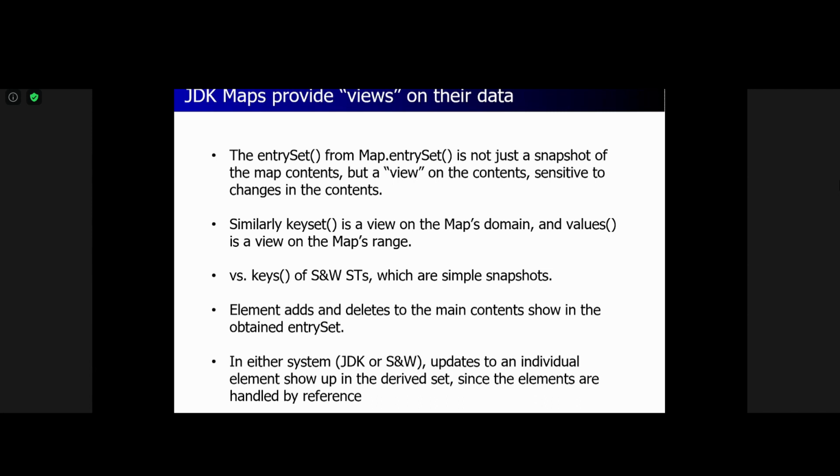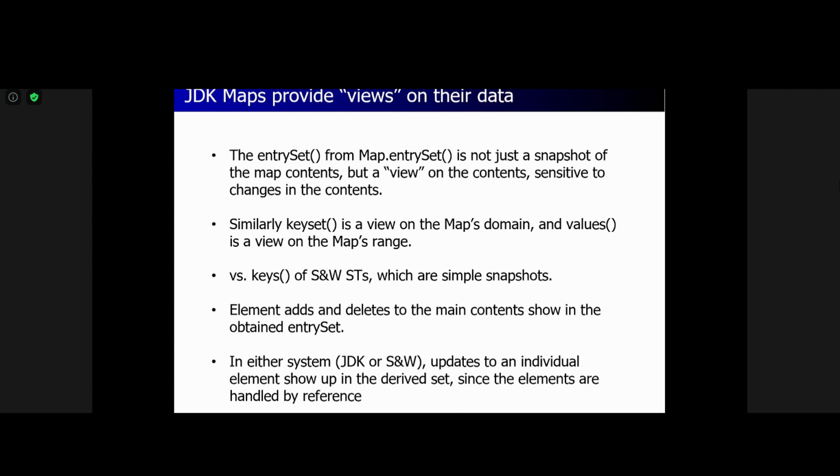So similar to the keySet part, there's a view on the map's domain, and values is a view on the map's range. So there's this notion of view, and we want to look into this a little bit more. To compare this to the book's STs, there we have keys, which is like keySet, if we turn to a set of keys, but it's just a snapshot. It's not a live view.